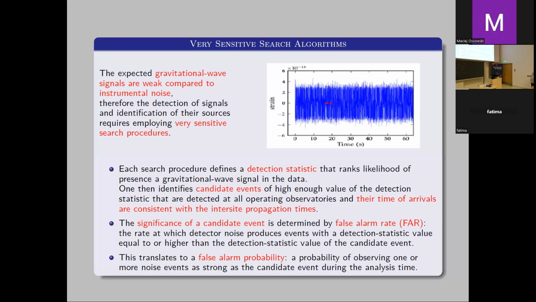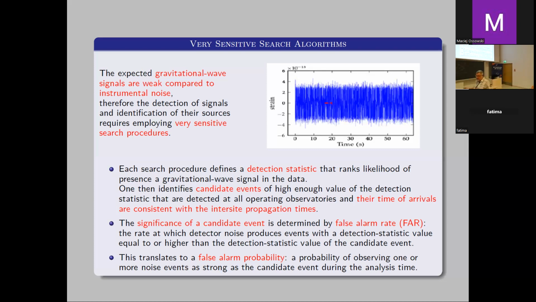Then one identifies candidate events which have high enough value of the detection statistic. They should be seen in all operating observatories. And moreover, their times of arrival should be consistent with the intersite propagation times.